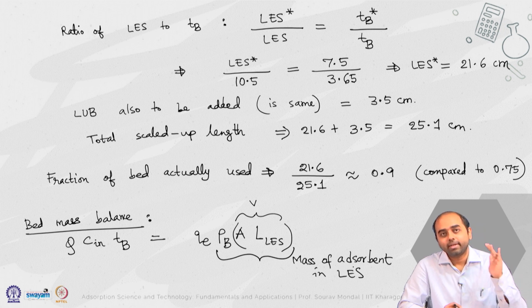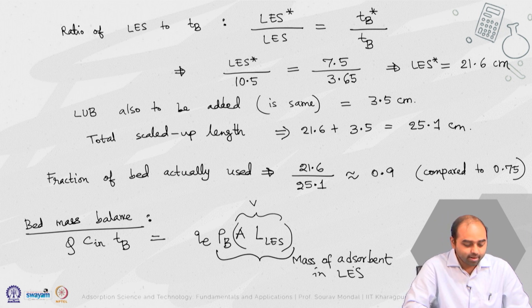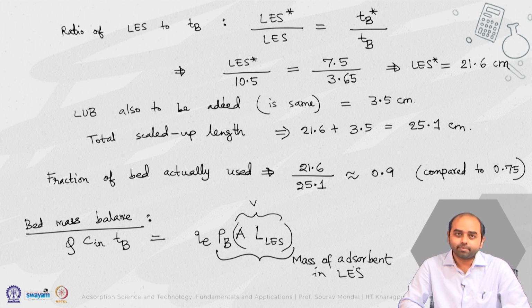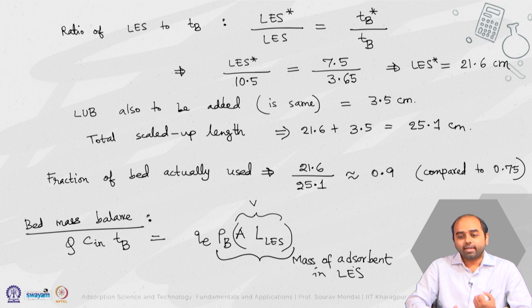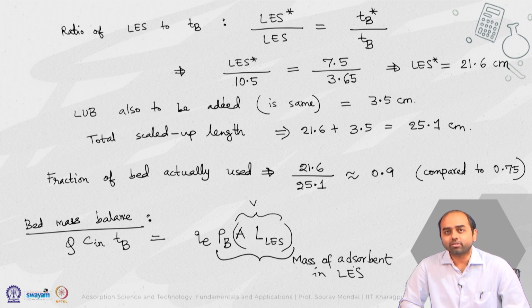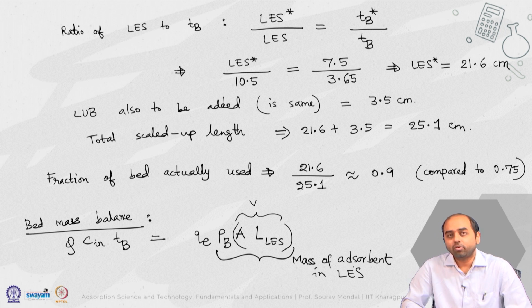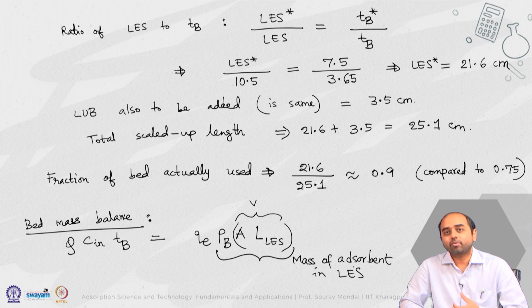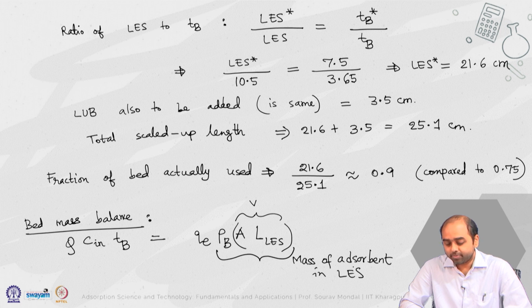So, whatever solute is incoming into the system is actually taken up by the adsorbent. So, the outlet concentration in this case is close to 0 or almost 0, because there is always some adsorbent which is taking up this adsorbate species from the system.